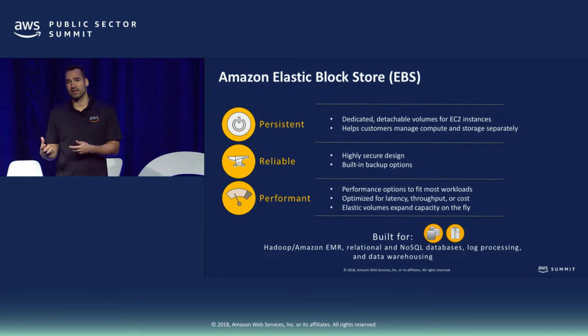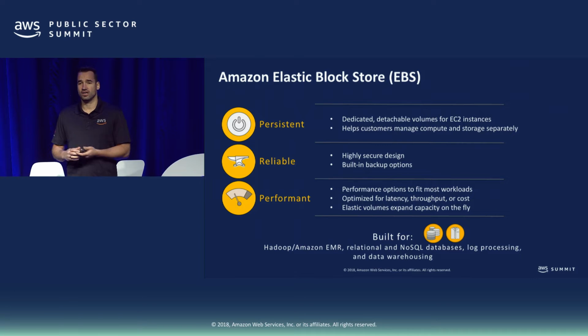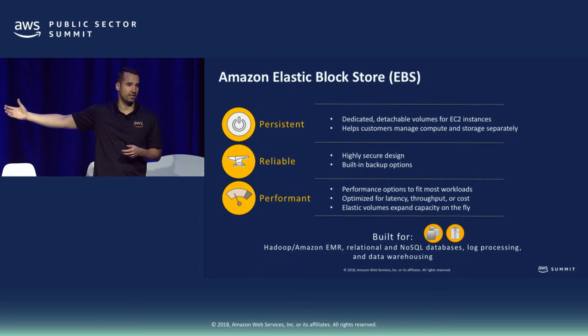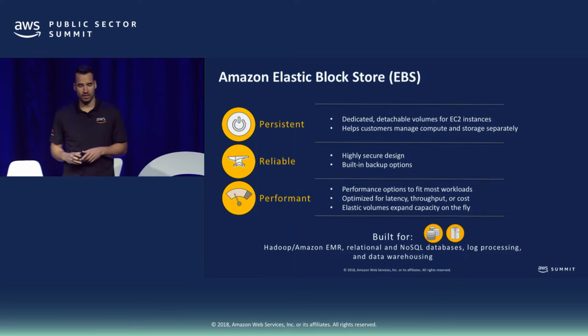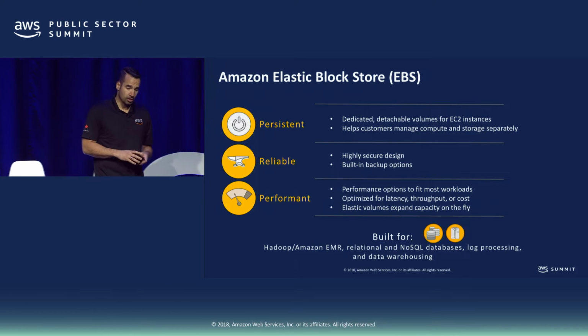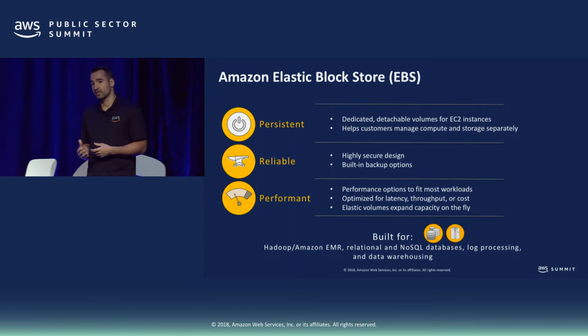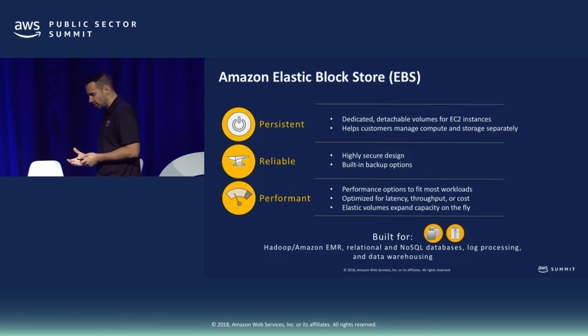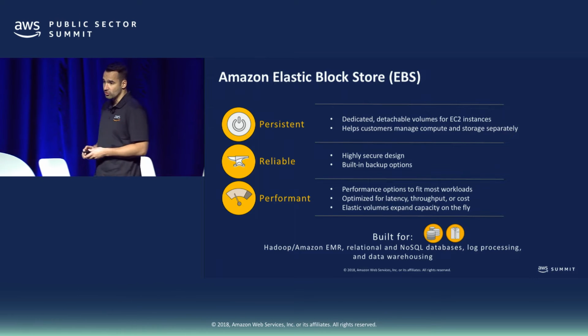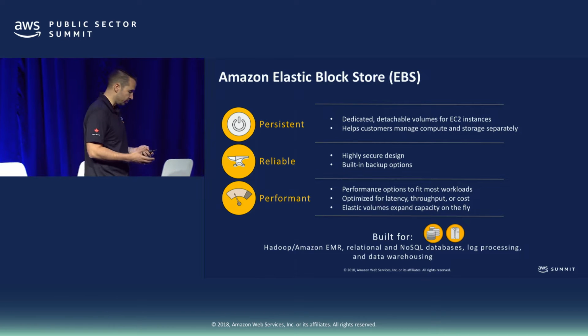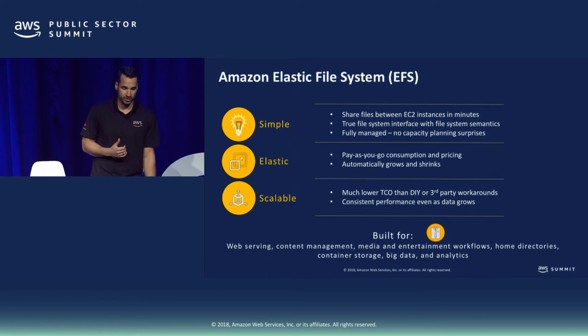But what I mean by a SAN disk is you're able to attach it and then detach it and maybe attach it to a different instance in the cloud in a persistent manner. It's also very reliable. It's redundant. And finally, it's performant. There are 4 different families of EBS, depending on your use case, and you're able to choose which one of those is the most suitable for the data that you're storing there.